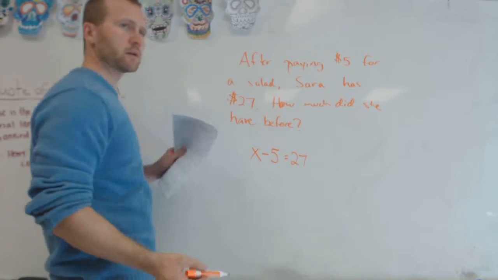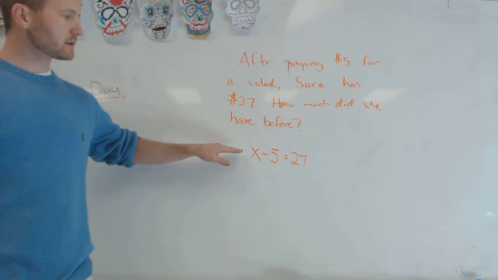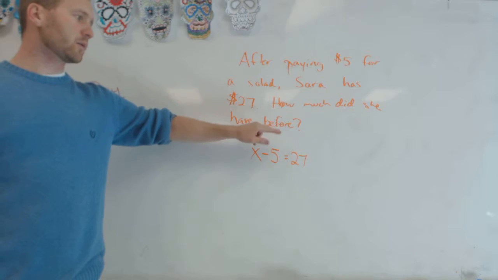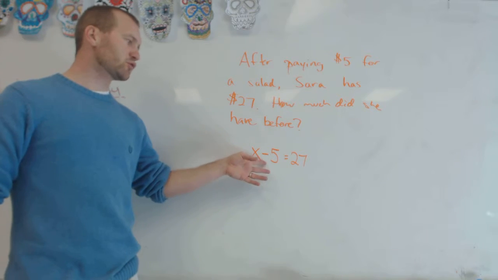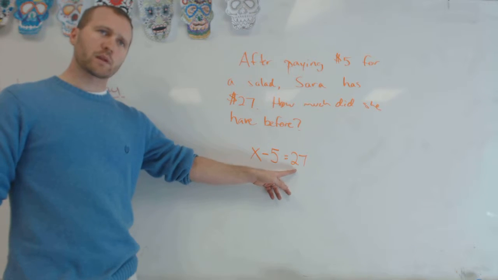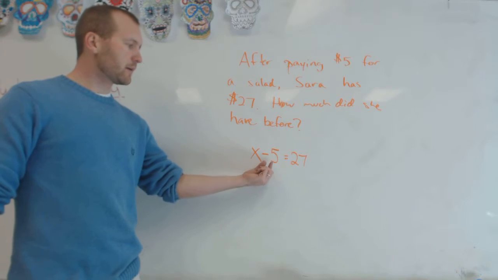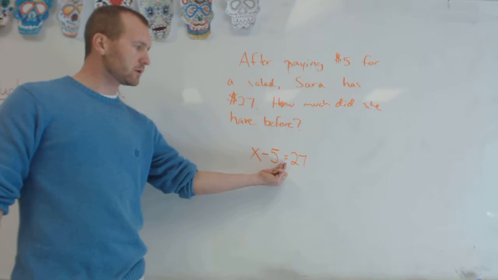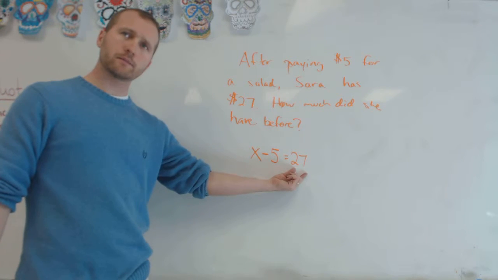Do you guys see where I got that? So I started with the amount she had before, even though that's at the end of the equation, because I knew that when I subtracted 5 from that, it would equal 27. So the amount that she had minus how much she spent equals how much she has now.